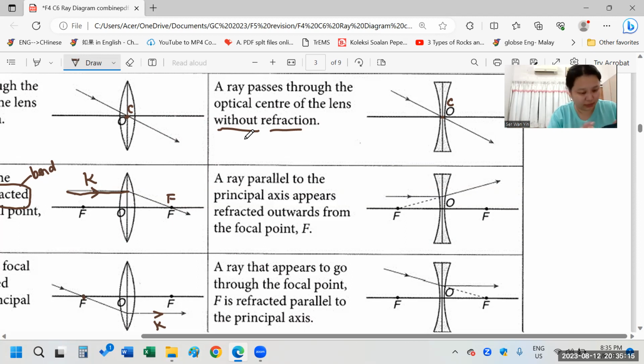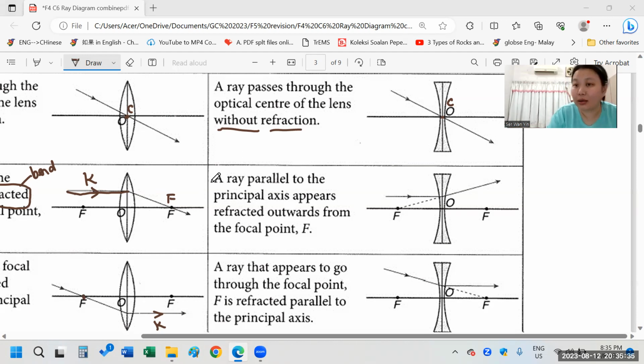I switch off first. There are many rays passing through the lens altogether. Just that when a ray passes through the center, it will go straight.